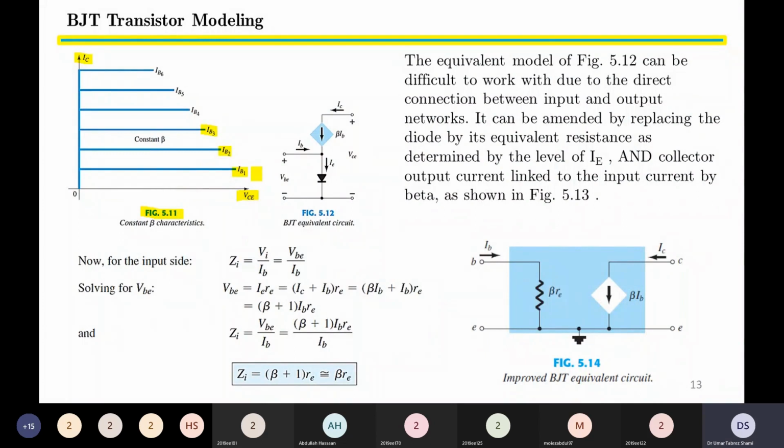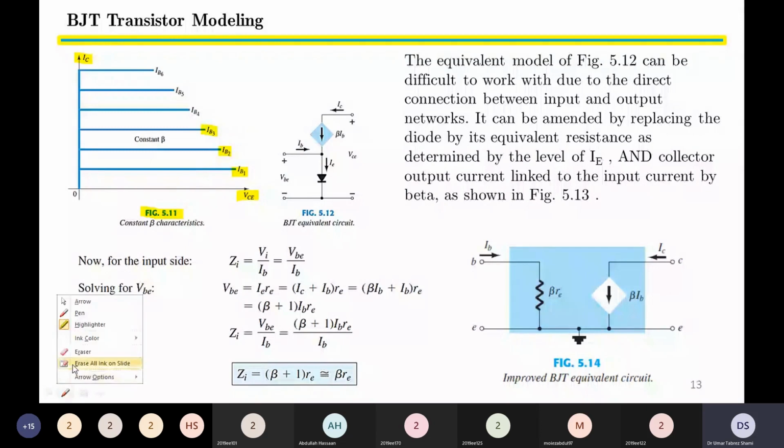Then we see another graph which corresponds to IB2. IB2 is a base current larger than IB1. And then we see IB3, IB4, IB5, IB6. These values of base current produce different values of collector current.